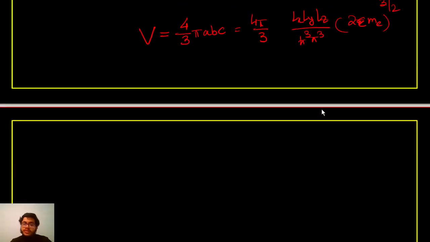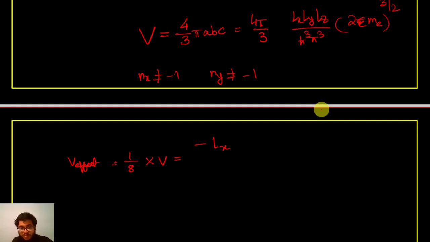So what can be done is, but there is another catch here. The V effective is not V, because this V can also take negative numbers. So nx cannot be -1, ny cannot be -1. All of them start from 0. So actually the effective V is 1/8 of V, which is just pi Lx Ly Lz by 6.